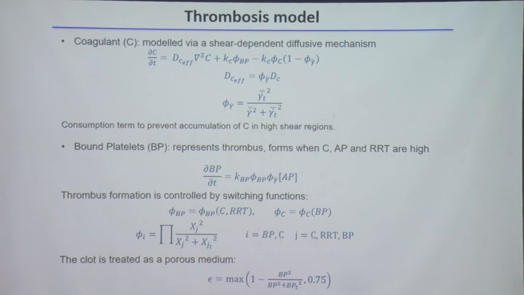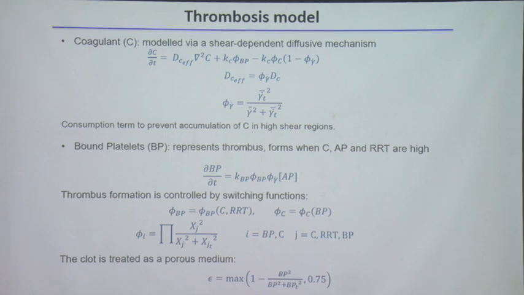So these are some additional equations. We also need to model coagulants, and again we use these convection-diffusion-reaction equations, with the reactions considering consumption terms to prevent the accumulation of coagulants in high shear regions. All these mechanisms are based on our understanding of the influence of flow on clot formation.